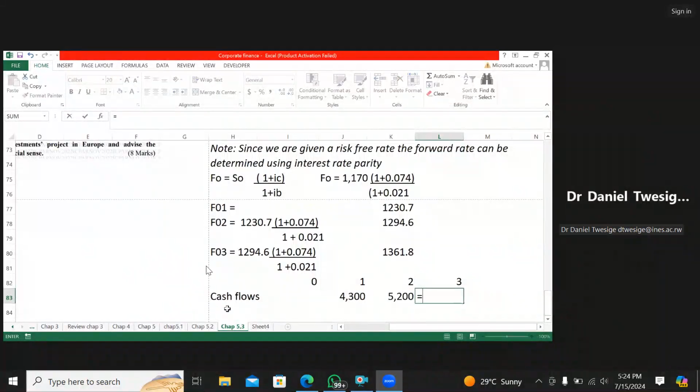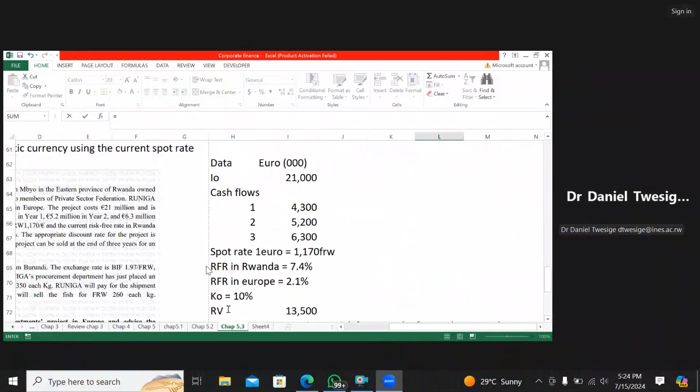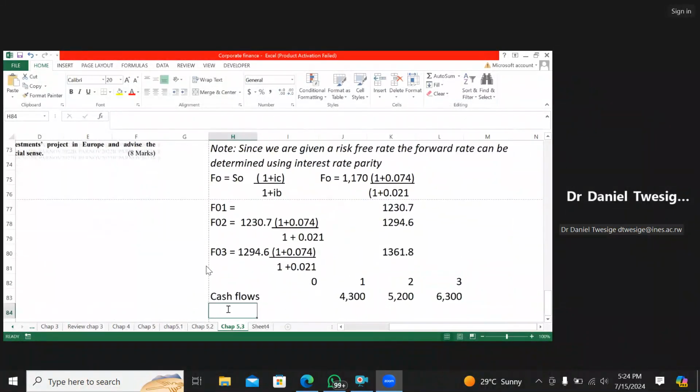Our exchange rate: we have the initial investment, our I0 in year 0.